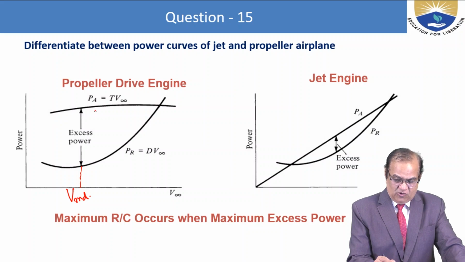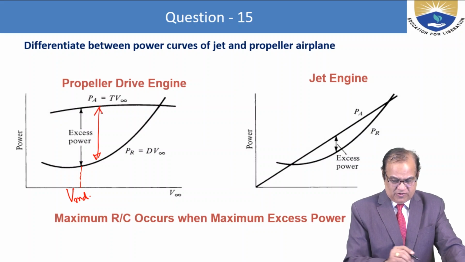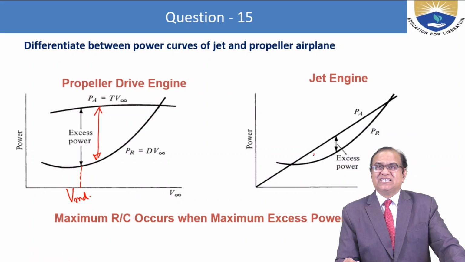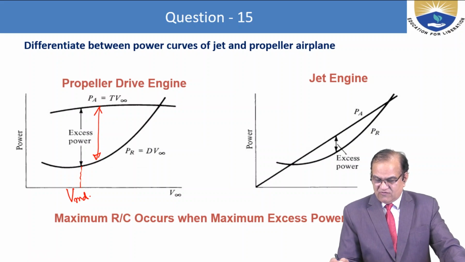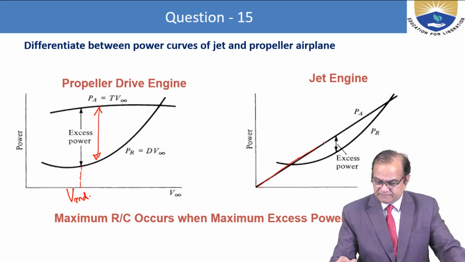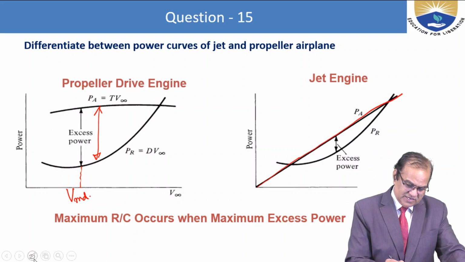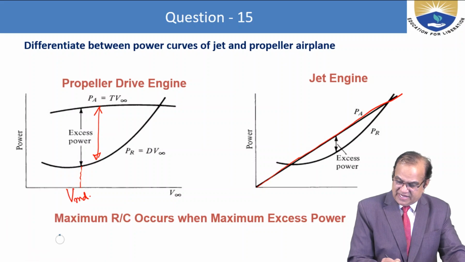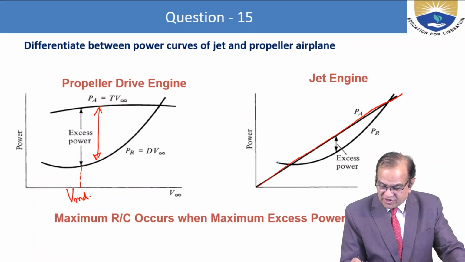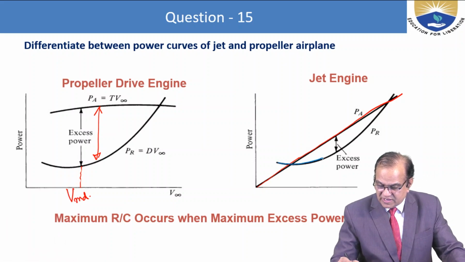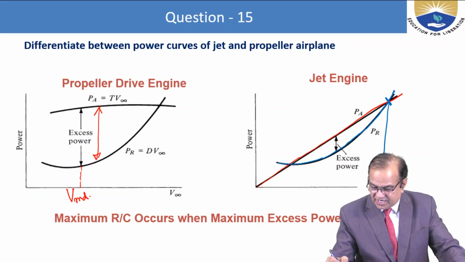We have a sufficient amount of excess power. But if you see the jet engine power and velocity, this is the power available, this line, and the other line is the power required. This is the point where if we drop from here, this is the V max.